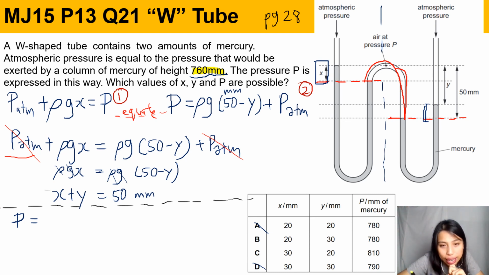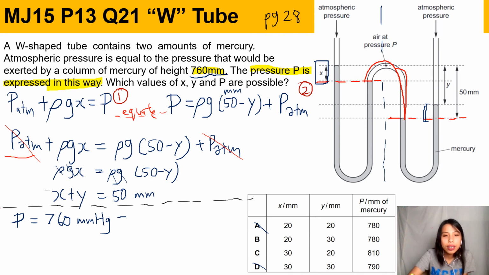It says after that, the pressure P is expressed in this way. So pressure P is not in pascals, it's not in newtons per meter, it's actually in mmHg. Remember that weird unit I mentioned at the start? So, firstly, atmospheric pressure, PATM, you can express it as 760 mmHg. Okay, it's just 760 millimeters of mercury pressing on you.